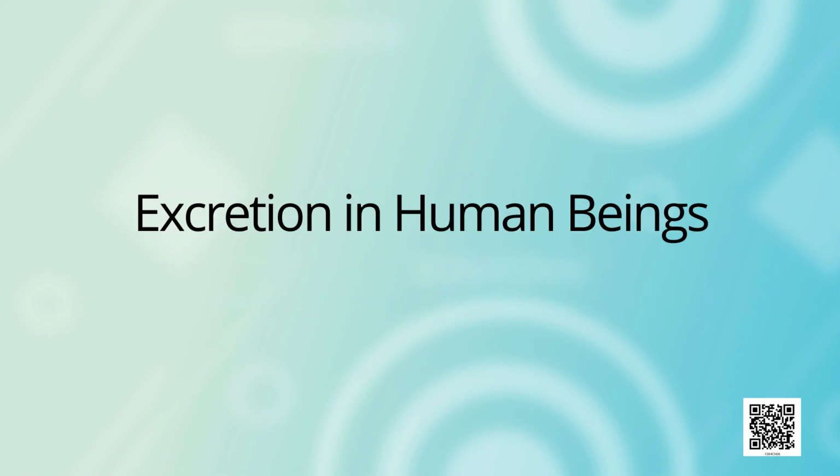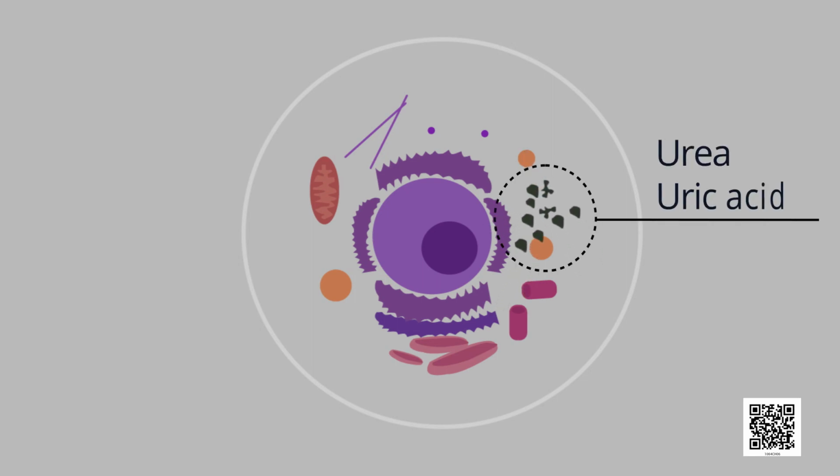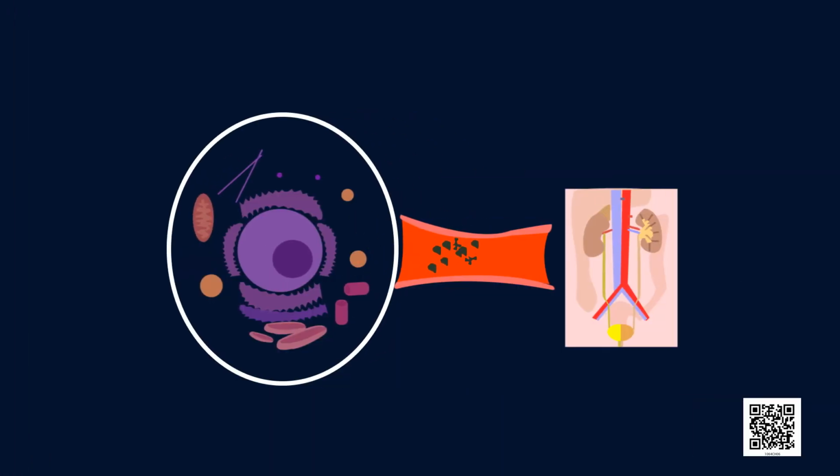Excretion in human beings. In humans, cells perform a variety of functions, and during these activities, nitrogenous substances like urea and uric acid are produced. These substances are waste and toxic in nature, so they need to be removed from our body.